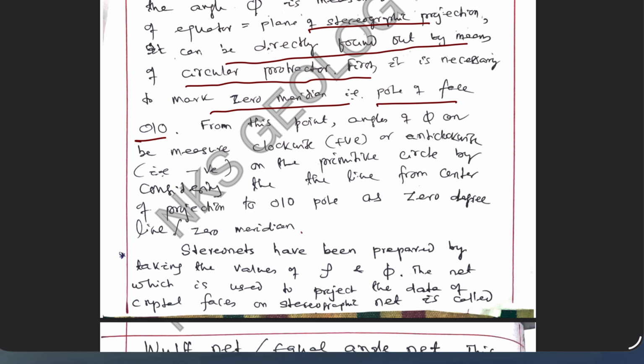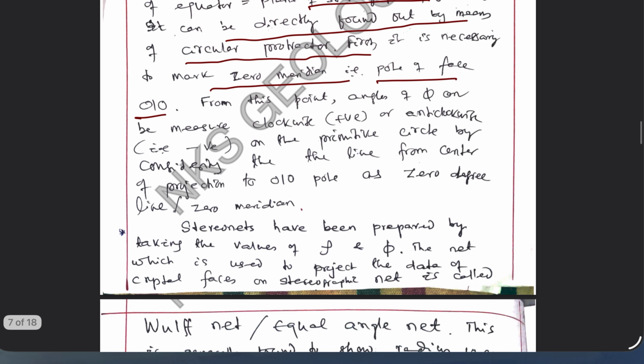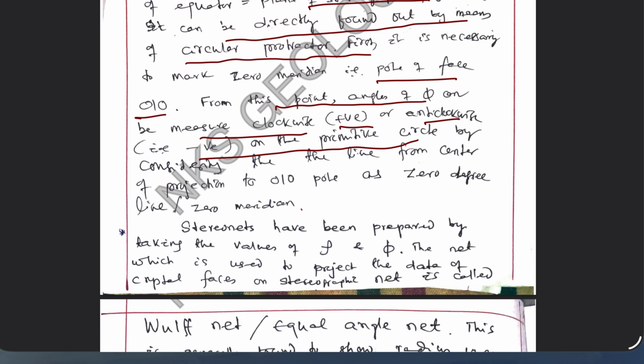Rho angle and phi angle have been taken into account, and the stereo net has been prepared, by virtue of which we will be able to represent the crystals in the stereo diagram through the poles of their faces. From the 0, 1, 0 point, which is 0 longitude, 0 meridian, the angle phi can be measured clockwise positive or anticlockwise negative in the primitive circle.